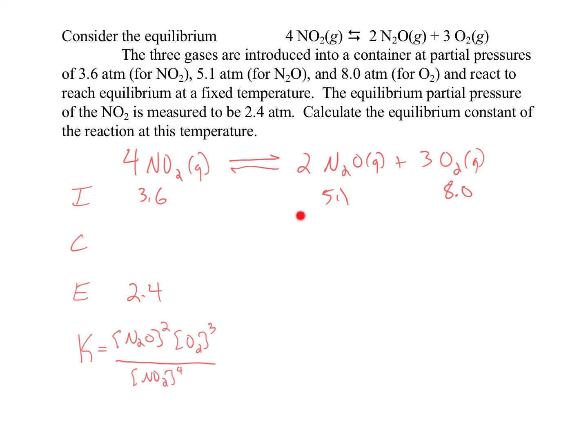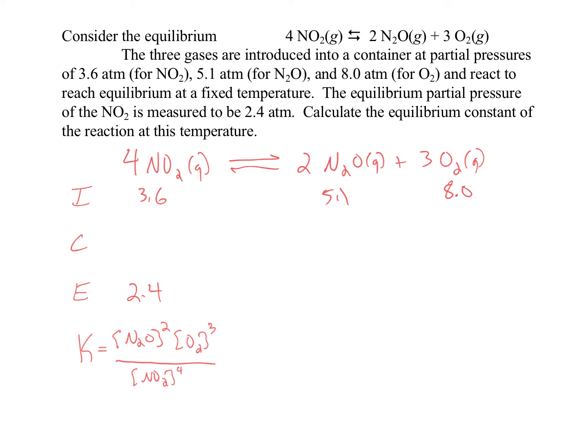Since these are not the equilibrium concentrations, if I plug this into this expression, it's going to give me a Q, not the K. And so I need to find the N2O and O2 equilibrium. I'm saying concentrations, but this problem is dealing with partial pressures. I need to find those equilibrium partial pressures in order to calculate the equilibrium constant.